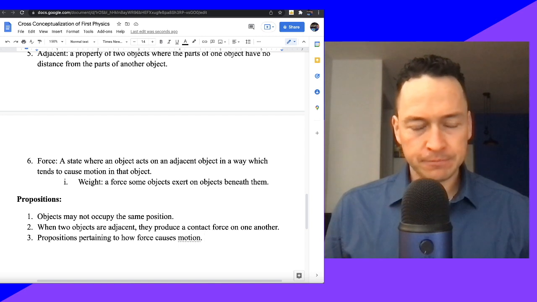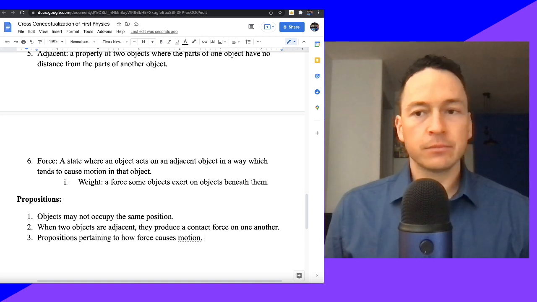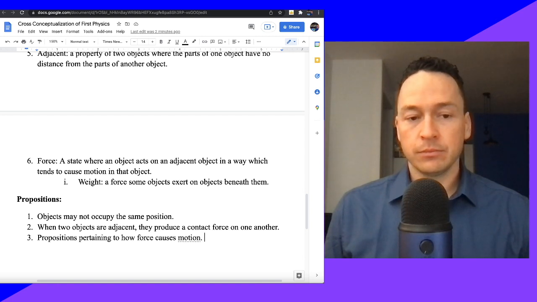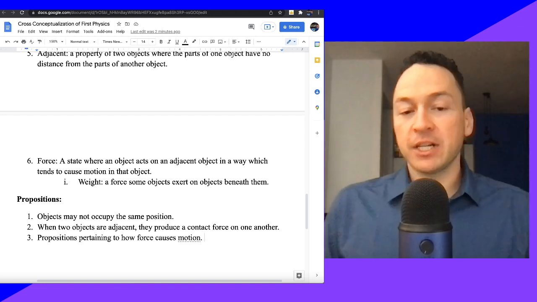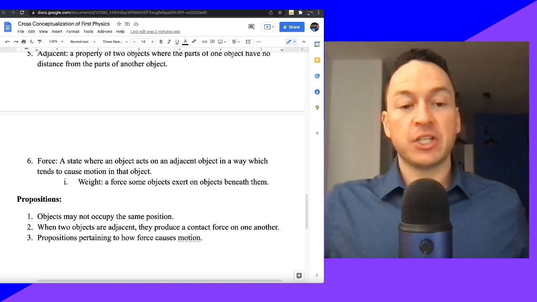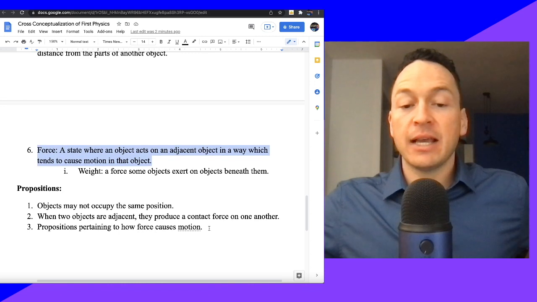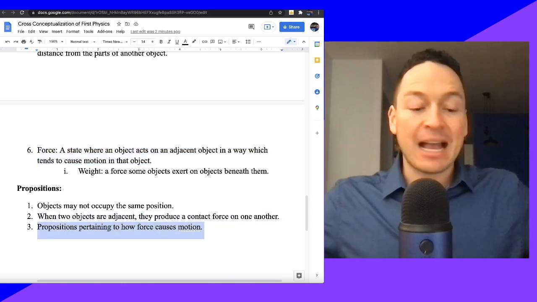Where was I? Force: a state where an object acts on an adjacent object in a way which tends to cause motion in that object. So what I'm doing here is I'm going to flag this.